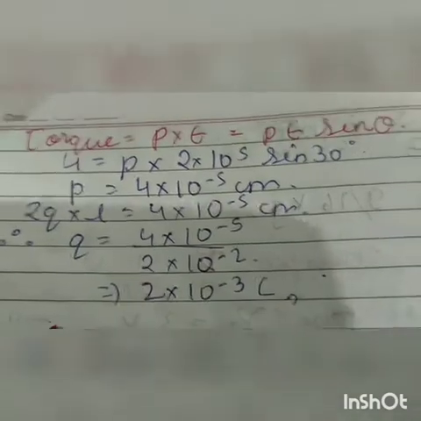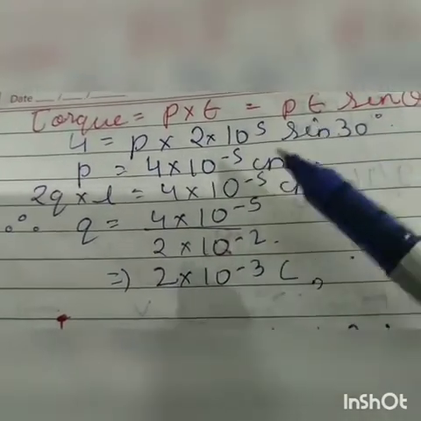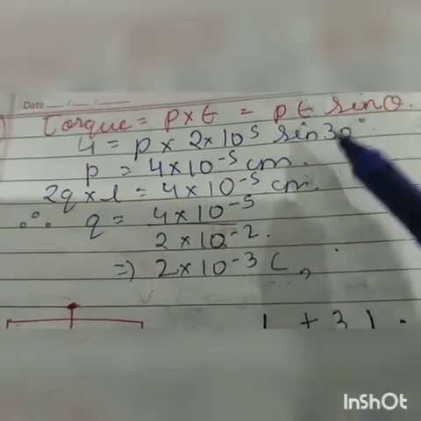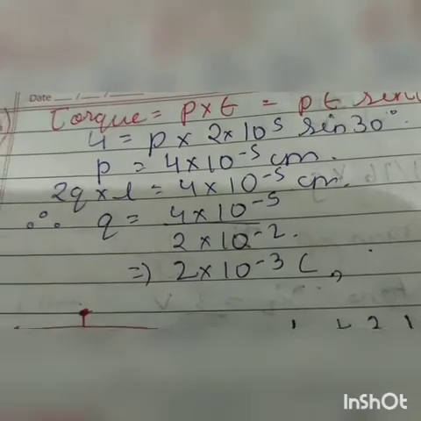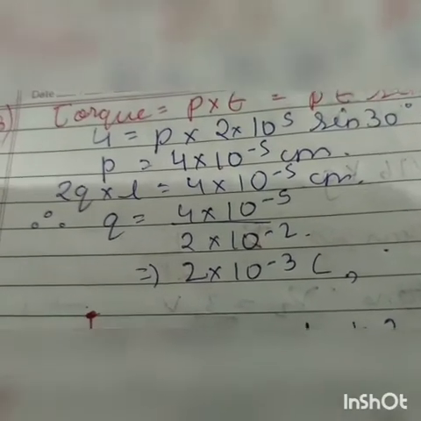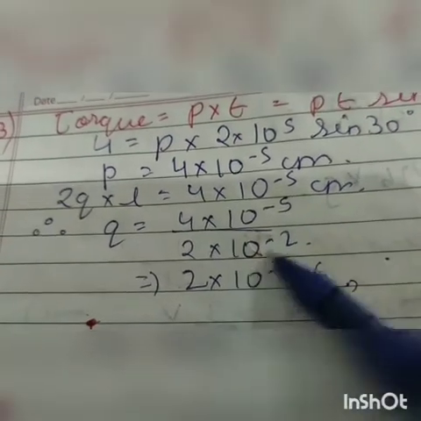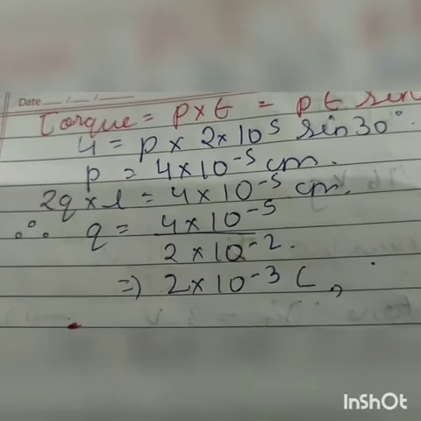We put in the values of torque, electric field and sin θ. So P comes out to be 4 × 10^-3 coulomb-meter, and as we know P is also 2q into L. We put in the values and get q equal to 2 × 10^-3 coulomb. So 2 mC.